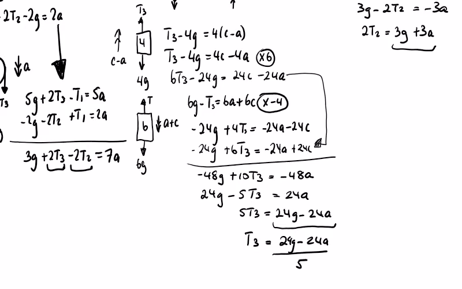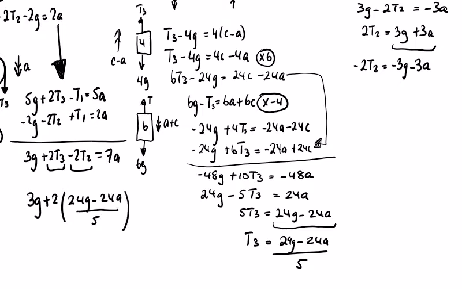And I'm looking for minus 2t2, so minus 3g minus 3a. And then sub them in over here on the left. So I'm going to get 3g plus twice t3, which is 24g minus 24a over 5, minus 2t2, which is minus 3g minus 3a, and that's all equal to 7a.